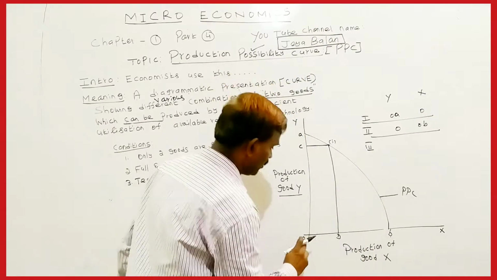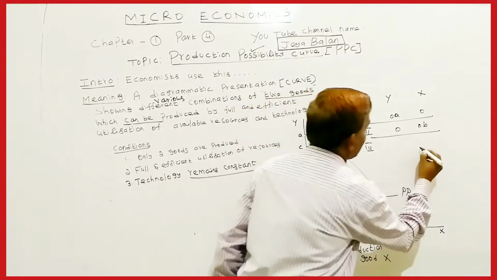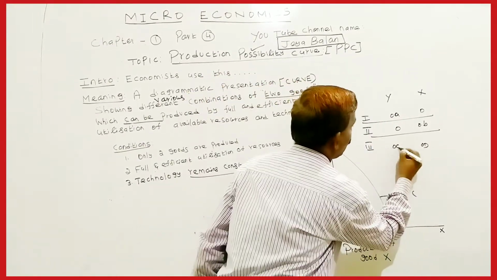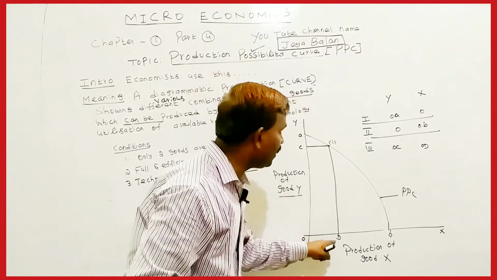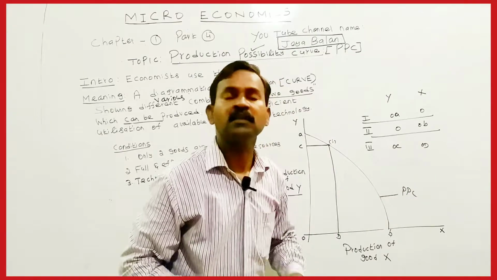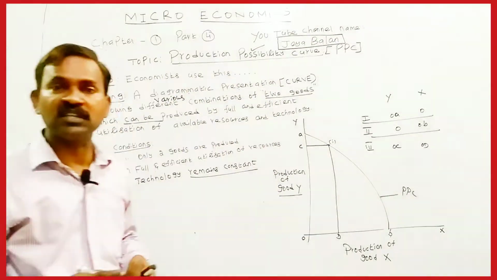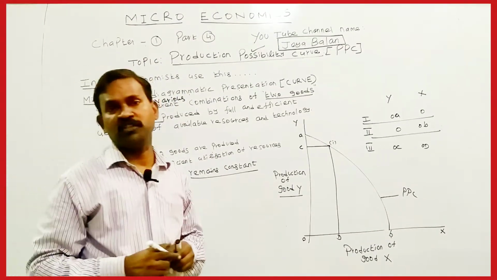That combination is OD number of units of good X and OC number of units of good Y can be produced by utilizing all the available resources and with the available technology.